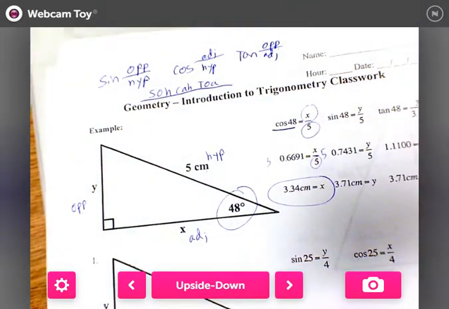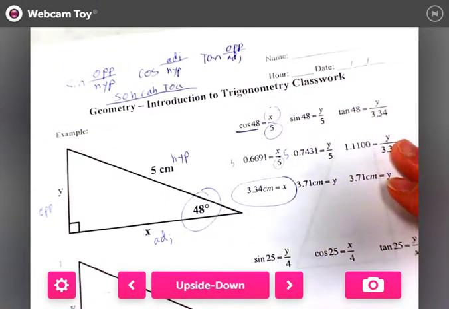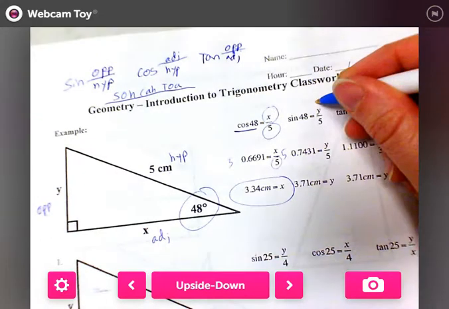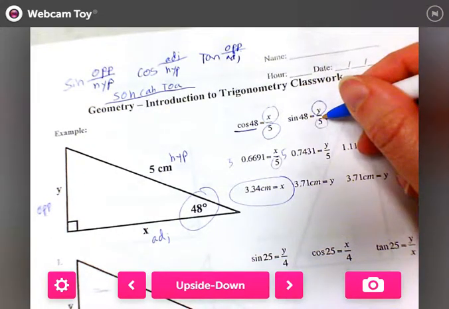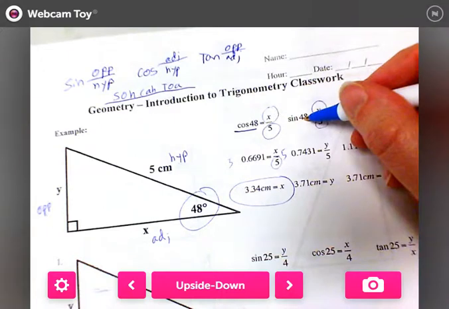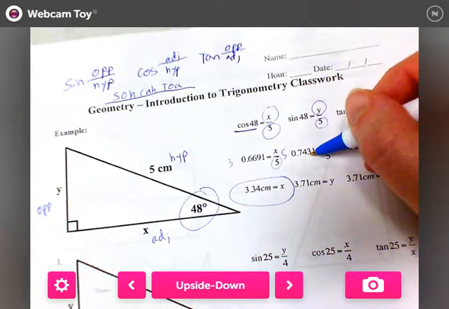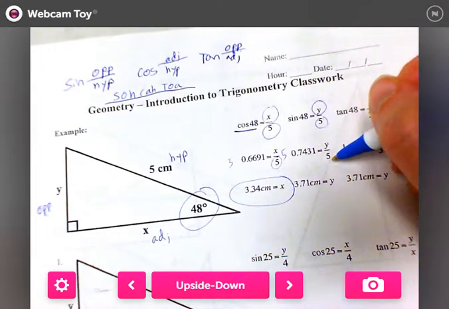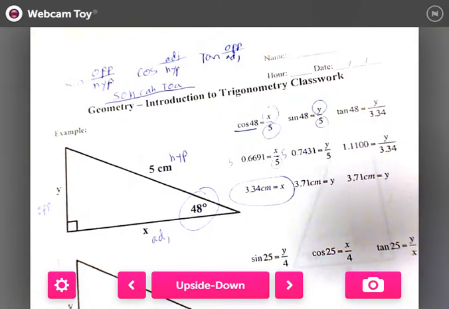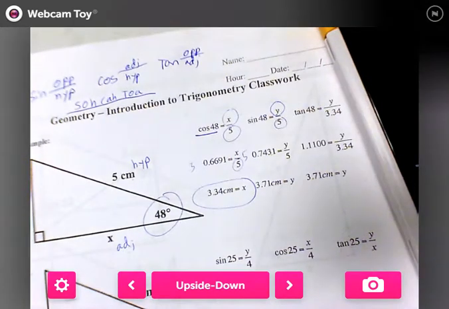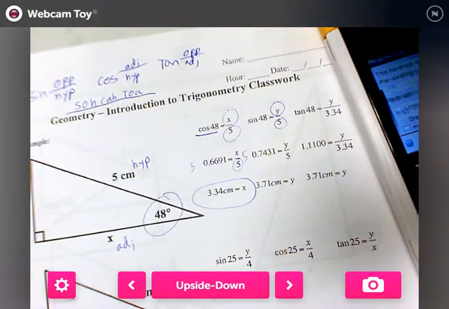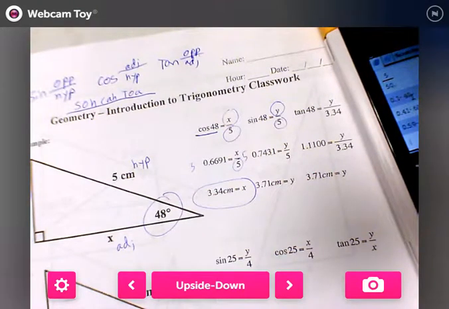And that's how we get that this is 3.34 centimeters. Sine, we have the opposite over the hypotenuse. Sine of 48, we put that in our calculator. We get 0.7431. We times that by 5. Okay, so let's make sure we can find all those things in our calculator before we do anything else.